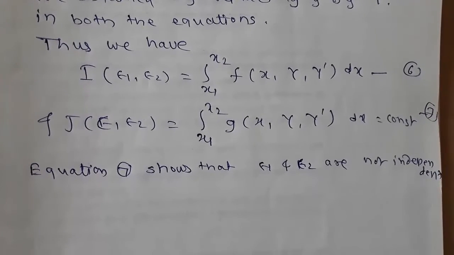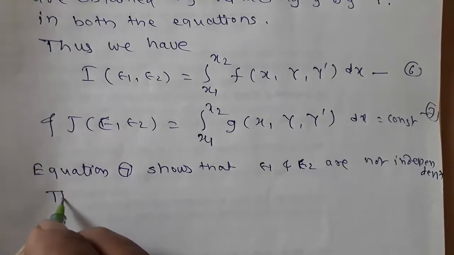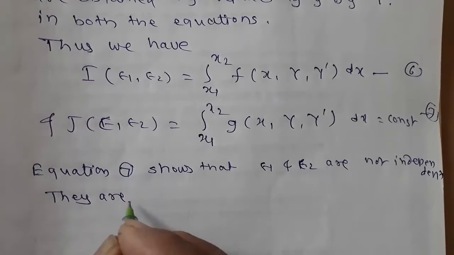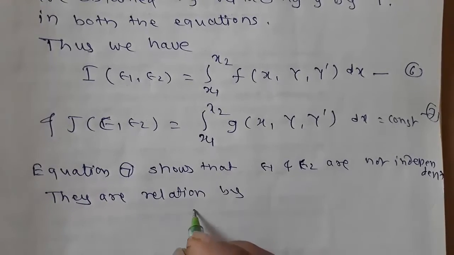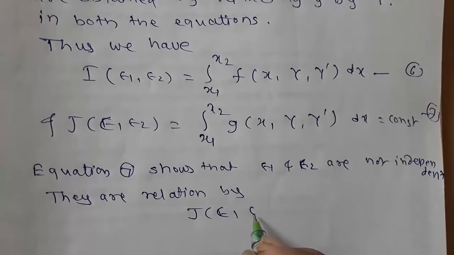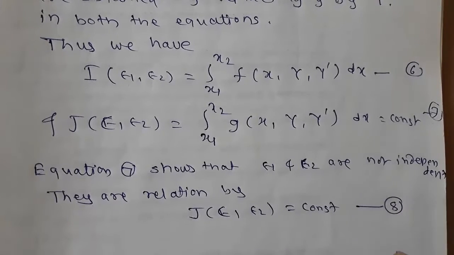Epsilon 1 and epsilon 2 are not independent. They are related by the equation j epsilon 1 epsilon 2 equal to constant. This is equation 8.